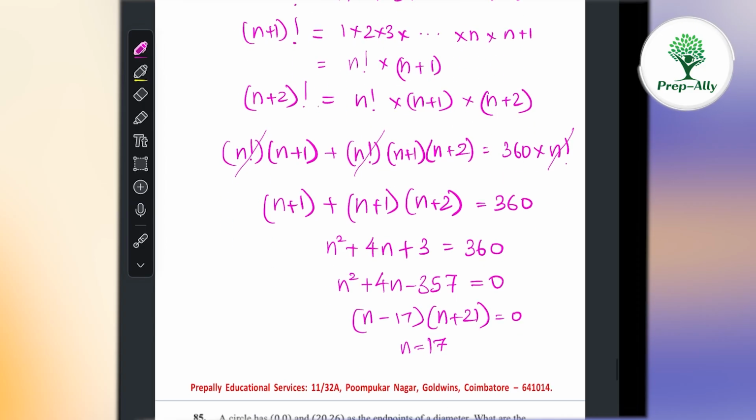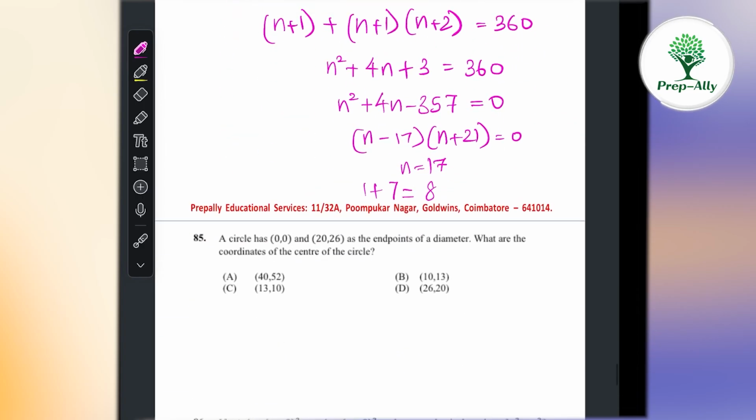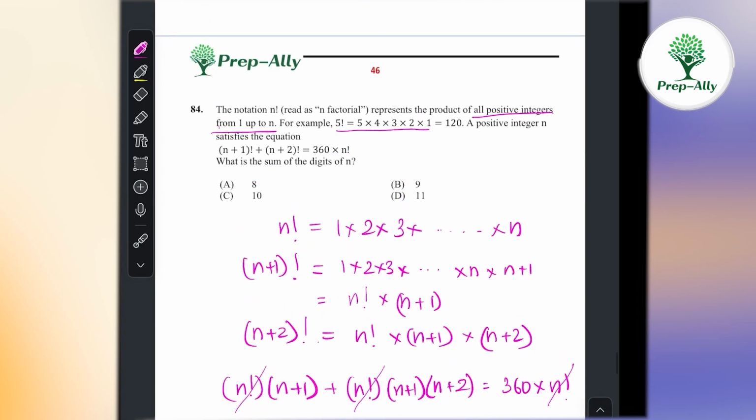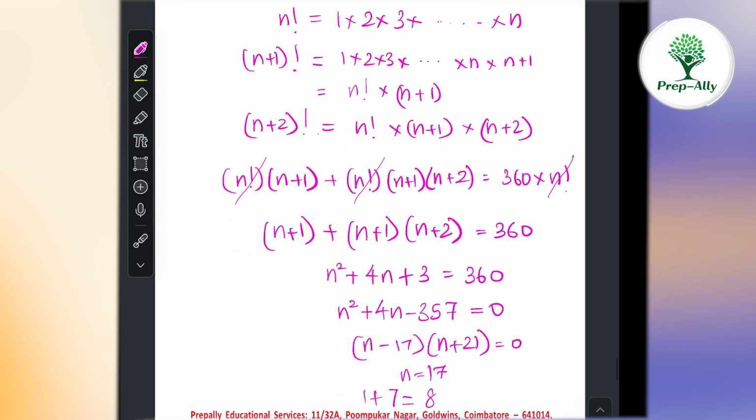And the sum of digits of n is 1 plus 7, which is 8, right? So the answer to this question is option A, 8.